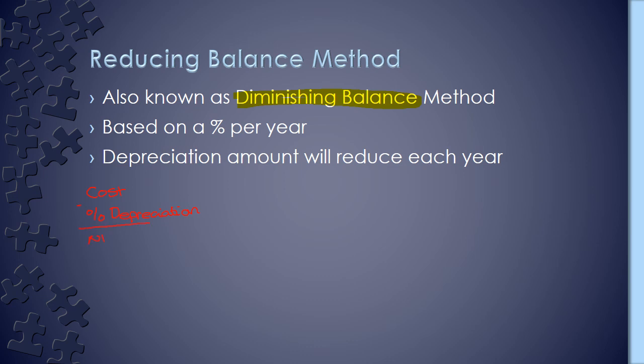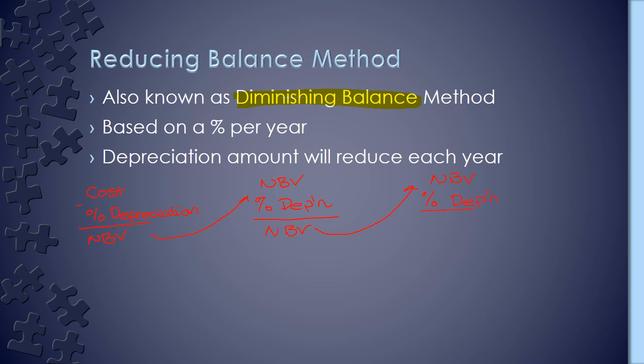And then that will give you your net book value. So then the next year, your net book value becomes your starting amount. You apply your percentage of depreciation to your net book value, and that gives you your new net book value, and again that moves up to here, and that will be your year 3.